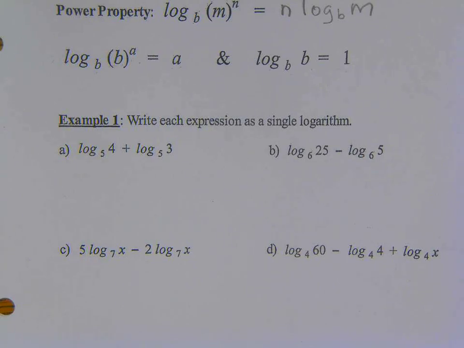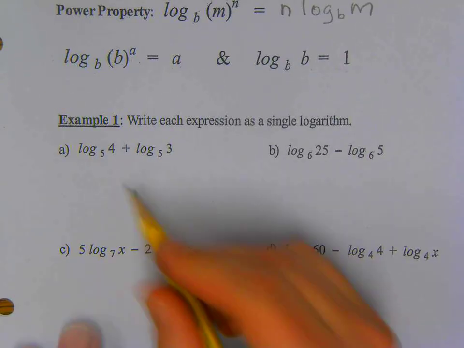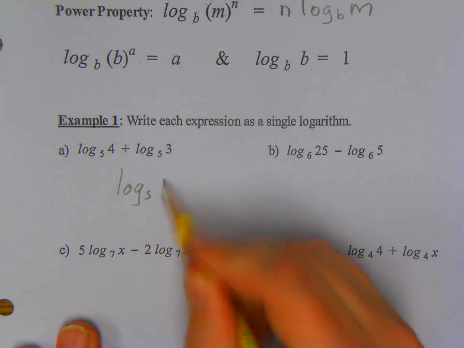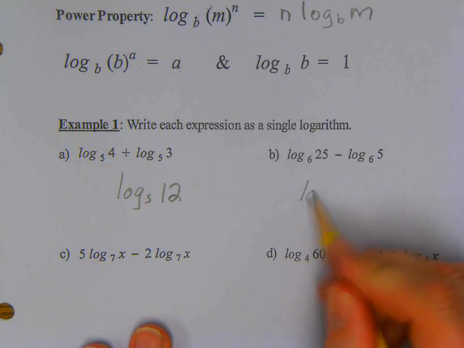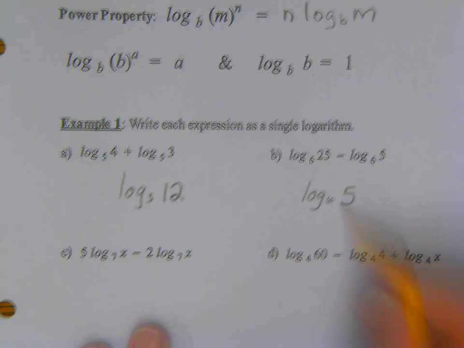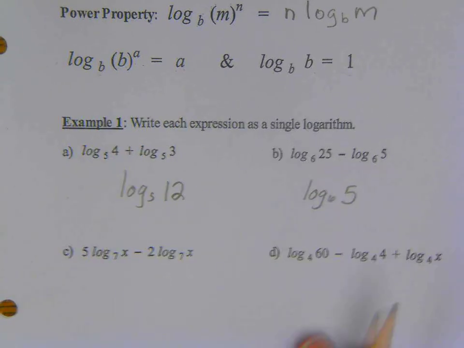I'm going to start going over the answers. So, 23. Would you like to tell me the answer to A? Log 512. Right? When you add, you multiply. B is calling on 10. Log 6, 5, because it'd be 25 over 5.